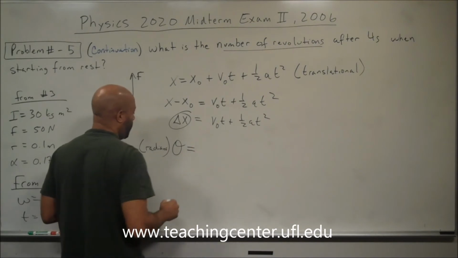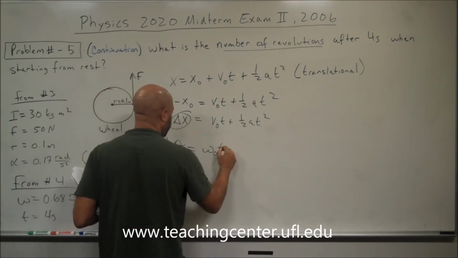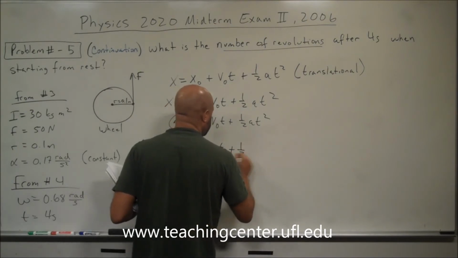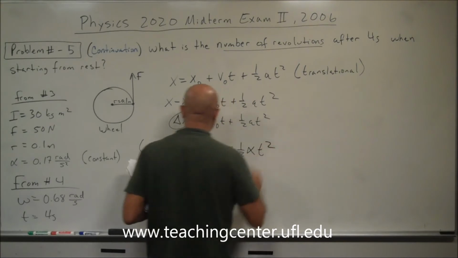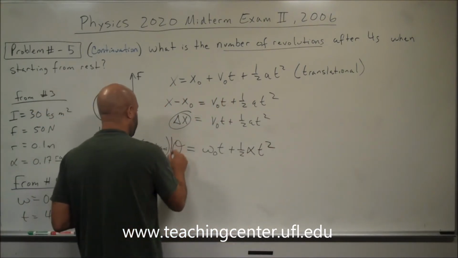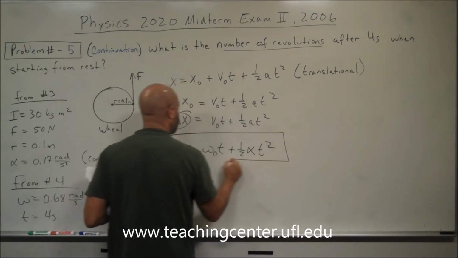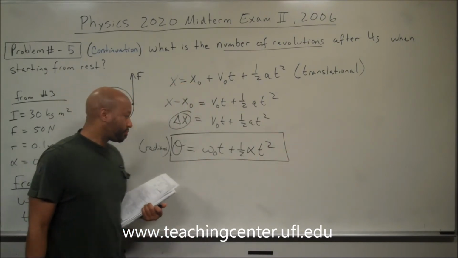And instead of velocity, we talk about angular velocity. And instead of acceleration, we talk about angular acceleration. So our new equation would look like this. This is the equation for rotational motion that we want to use.